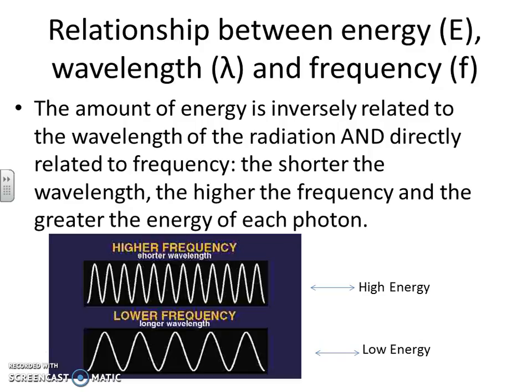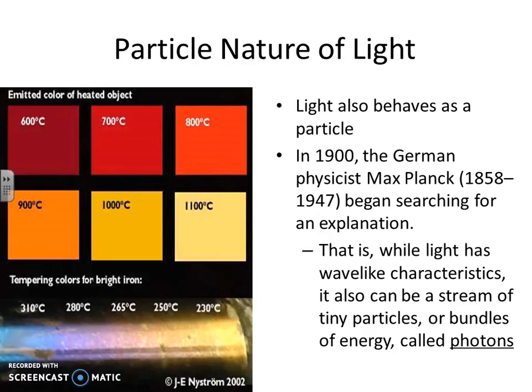So now let's talk about how light behaves as a particle. We just said that light behaves as a wave, right? It moves exactly like a wave. But in 1900, this German physicist, Max Planck, began searching for an explanation because he found out that light also behaves as a particle.